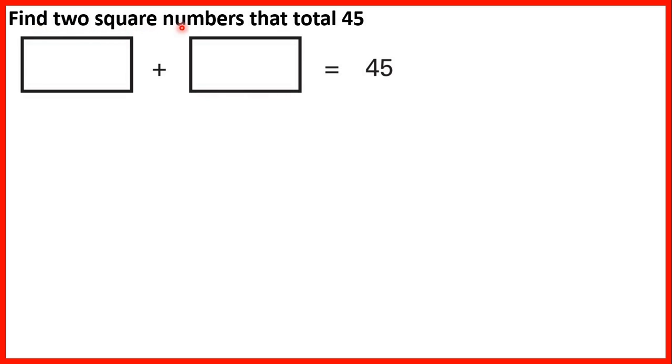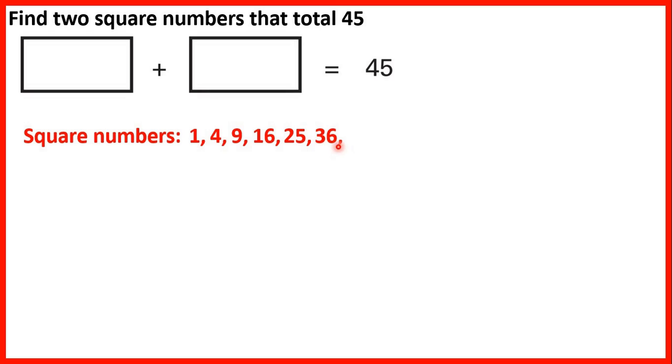Find two square numbers that total 45. So we need to remember that square numbers are what we get when we multiply a number by itself. So 1 times 1 is 1, 2 times 2 is 4, 3 times 3 is 9, 4 times 4 is 16, 5 times 5 is 25, 6 times 6 is 36, 7 times 7 is 49, and so on.